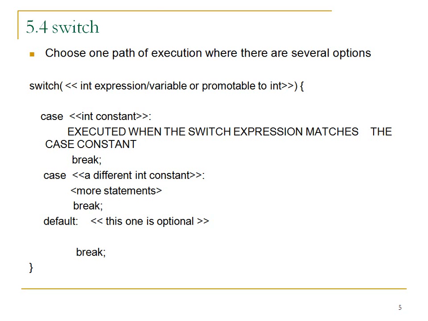And the first thing that happens is that we evaluate whatever is in here. It might be just a variable, or it might be an expression that we evaluate and it evaluates to an int. And then we look at all of the cases, and there may be as many cases as you want, and each case identifies a constant that we would jump to. So if this evaluates to 5, and there is a case with a constant 5 here, we would jump to that case and start executing lines of code.